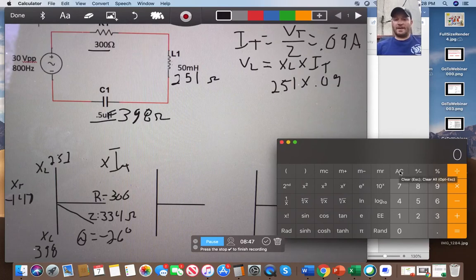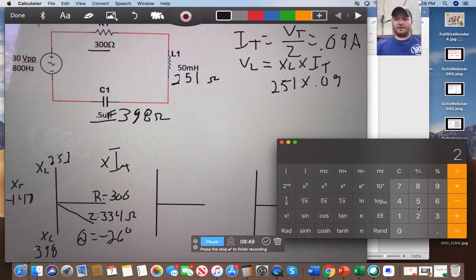All right, so let's go ahead and calculate that out. Now we have 3 calculations here, which is a little bit different than what we have in the past. For my VL, I'm getting 22.6 volts. Now let's do our X of C, which gives our voltage across our capacitor.